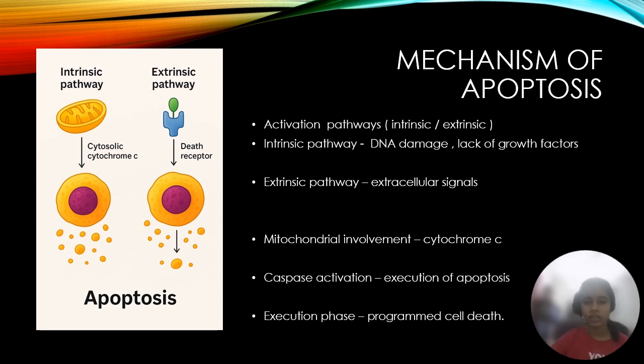So the BCL2 family is involved in this apoptosis. They are a crucial family of proteins. They will go and activate pro-apoptotic effector proteins, which are known as BAX and BAK.